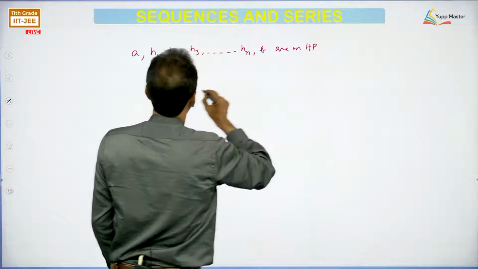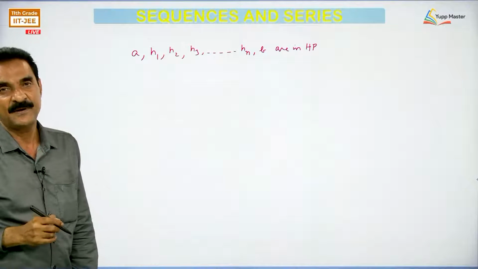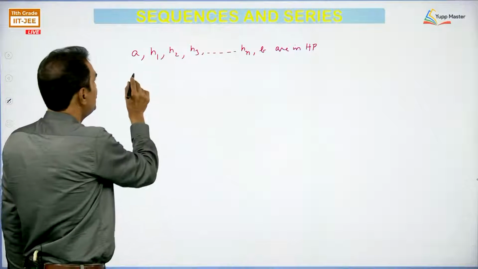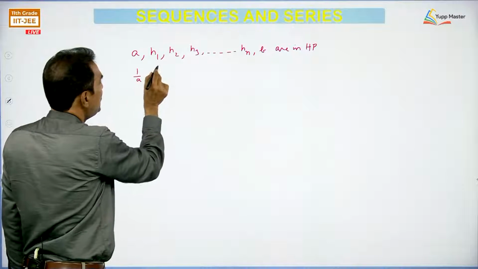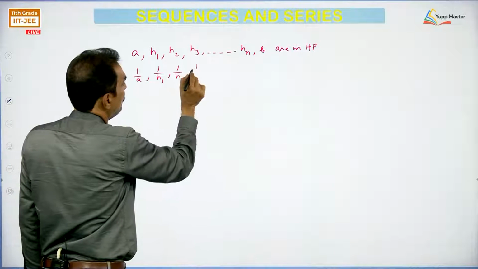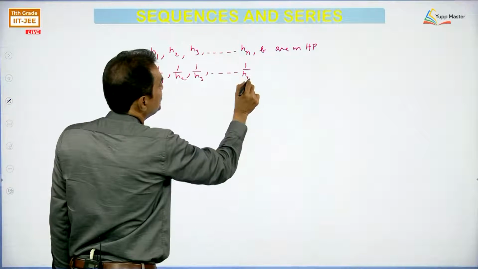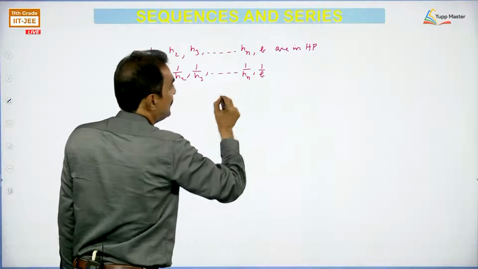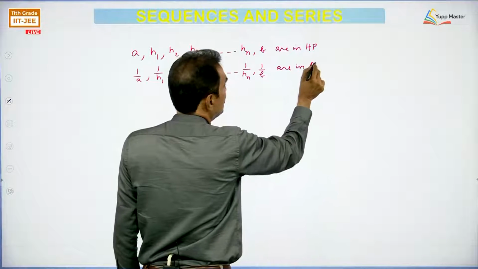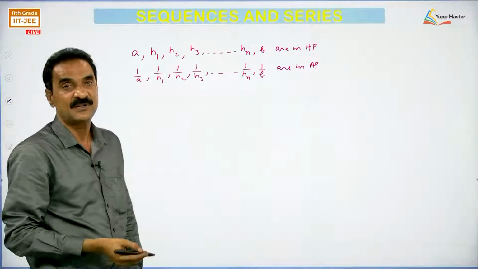You want Hk, the kth harmonic mean from left. If you take reciprocals of the terms of HP, 1 by A, 1 by H1, 1 by H2, 1 by H3 and so on, 1 by Hn, 1 by B are in AP. Is it not? Reciprocals of the terms of a harmonic progression will be in arithmetic progression.